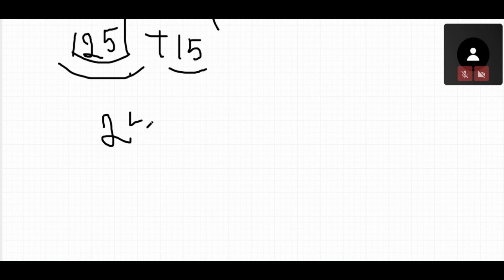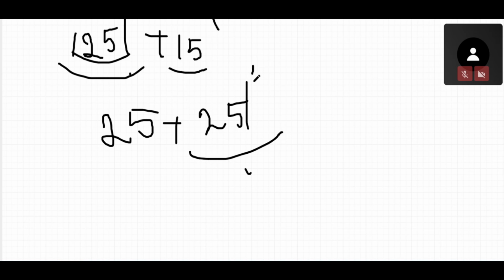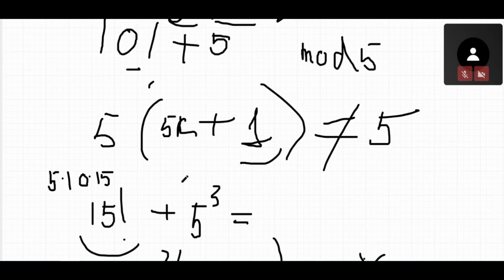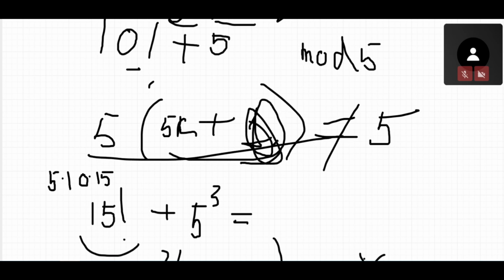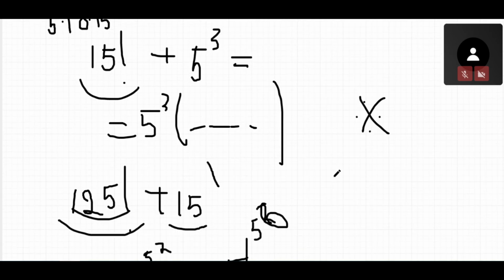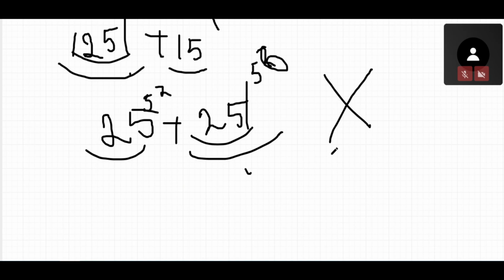For example, we take 25 plus 25 factorial. There are many 5s. We have 5 cubed, and 4 found before. We have 5 to the power of 6 in this number, and it is only 5 squared in the other. We'll come to this position again, and we'll find that there is a remainder that will make 1 at mod 5, which is a contradiction.